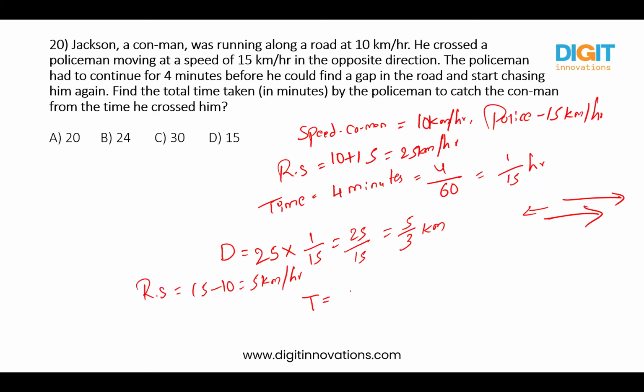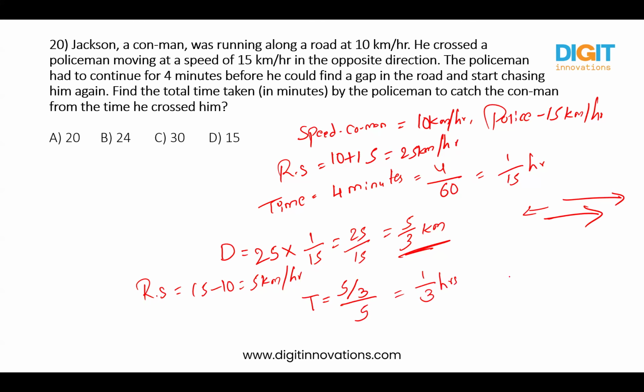So now time: we know the total distance gap between the conman and this policeman is 5 by 3, and speed is 5. So 1 by 3 hour.